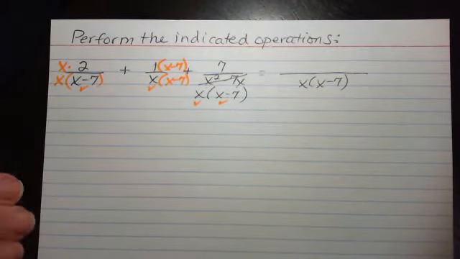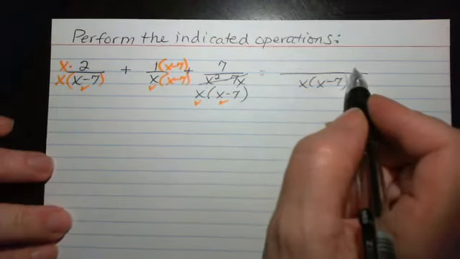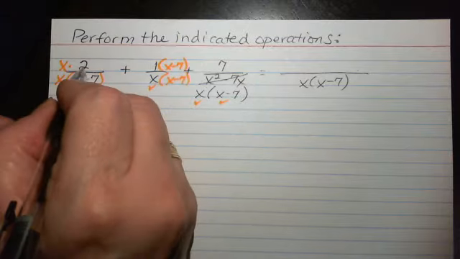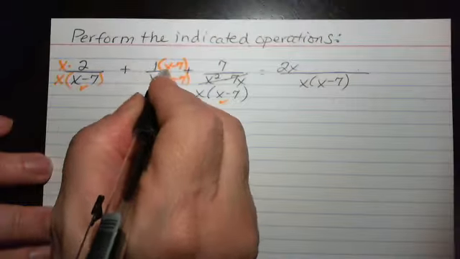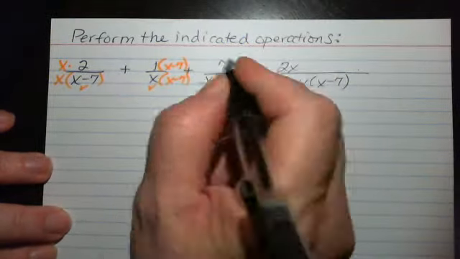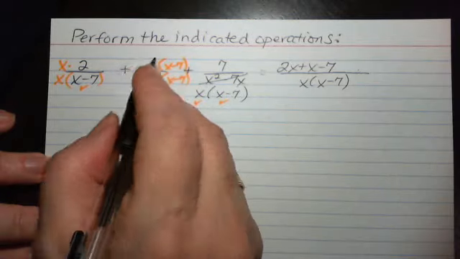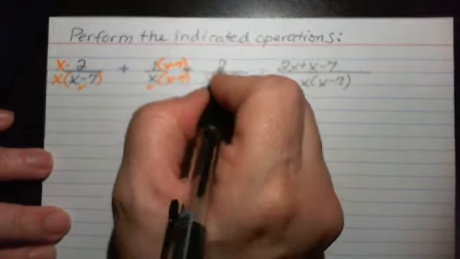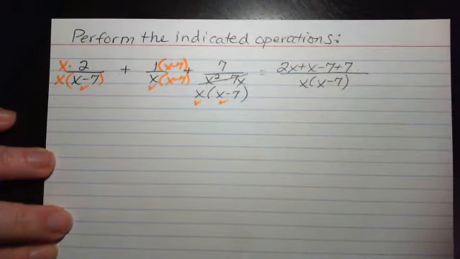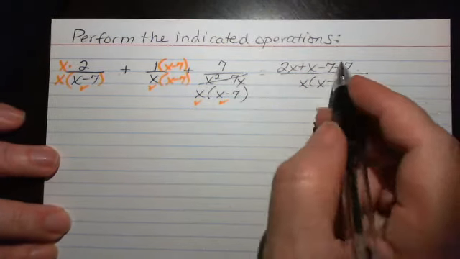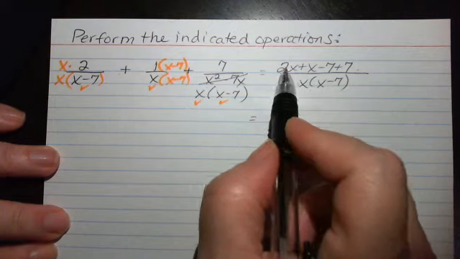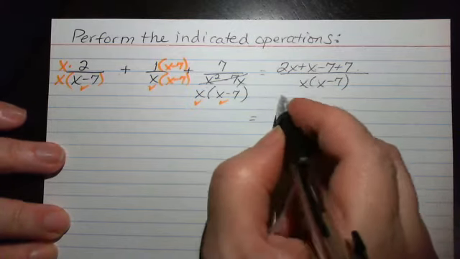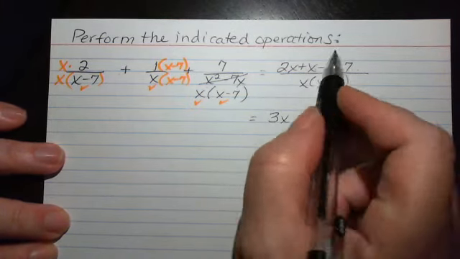So now let's do the multiplication and write our numerator terms. X times 2 is 2x. Positive 1 times x minus 7 is just plus x minus 7. No signs change when multiplying by positive 1. And then plus our 7, which was not multiplied by anything. Okay, now we could simplify this by collecting like terms. 2x plus x is 3x.